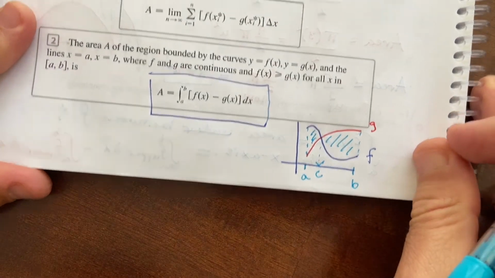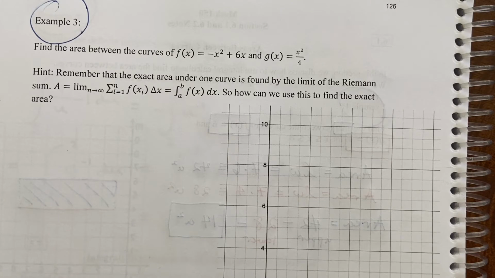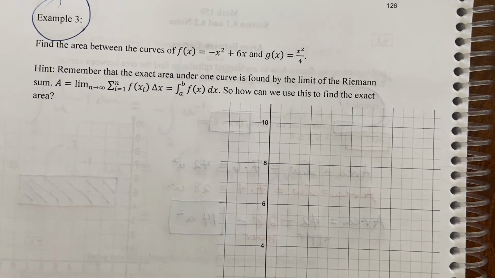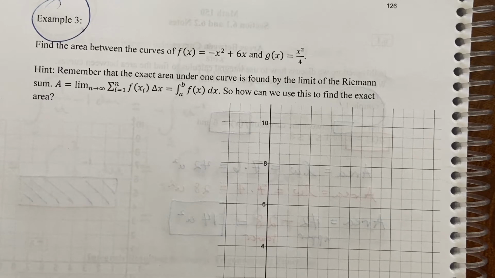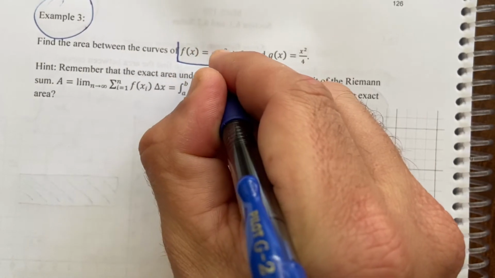Okay, let's try an actual one involving calculus here. All right, it says find the area between the curves of f, and f is this quadratic, negative x squared plus 6x. And g is also this other quadratic, x squared over 4. So what I'm going to do first is just plot this thing. All right, so I'll go ahead and plot this one in blue.